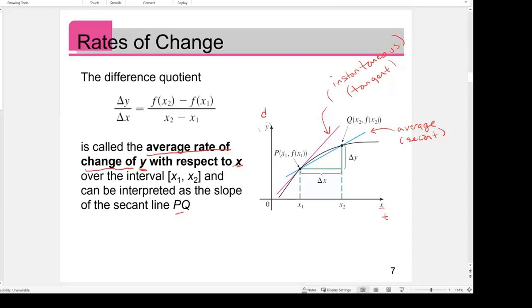We can see that that pink line is the tangent line at that point on the curve right here. Hopefully you can see that as I move this point Q closer and closer to P, the secant line is going to get closer and closer to the tangent line.